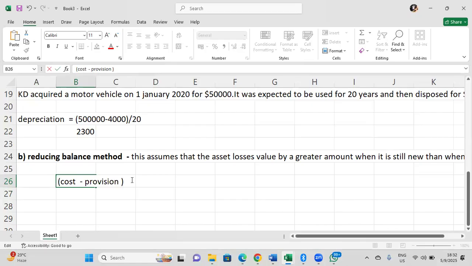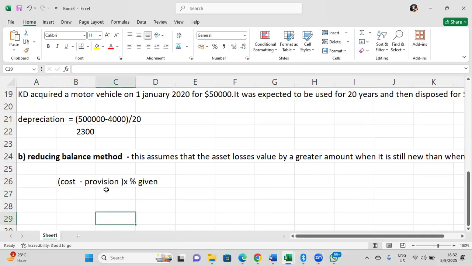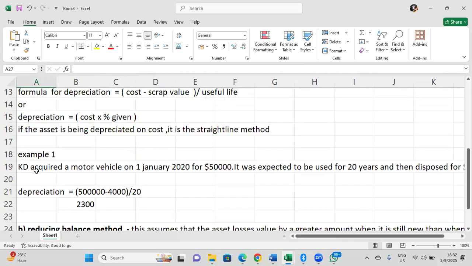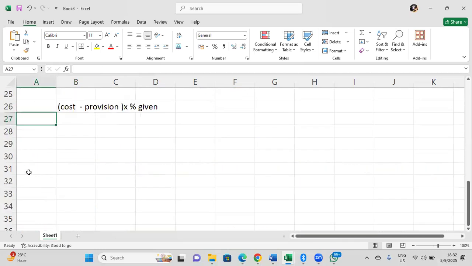That's the reducing balance method. Let's have an example, or let's copy that same example and modify it.